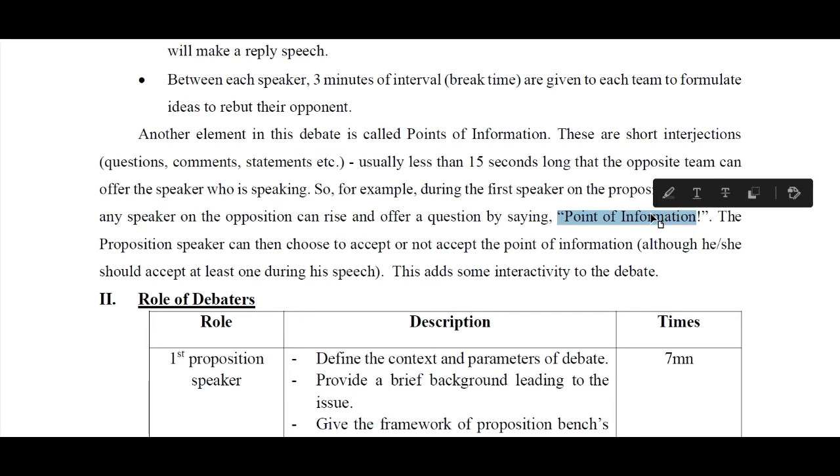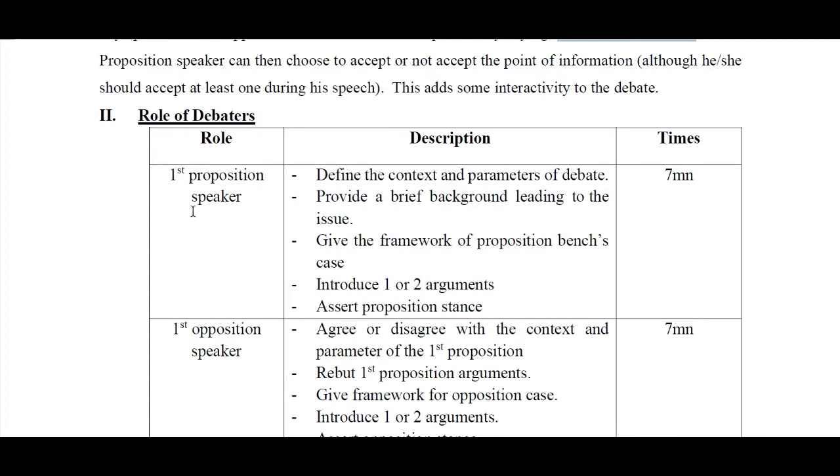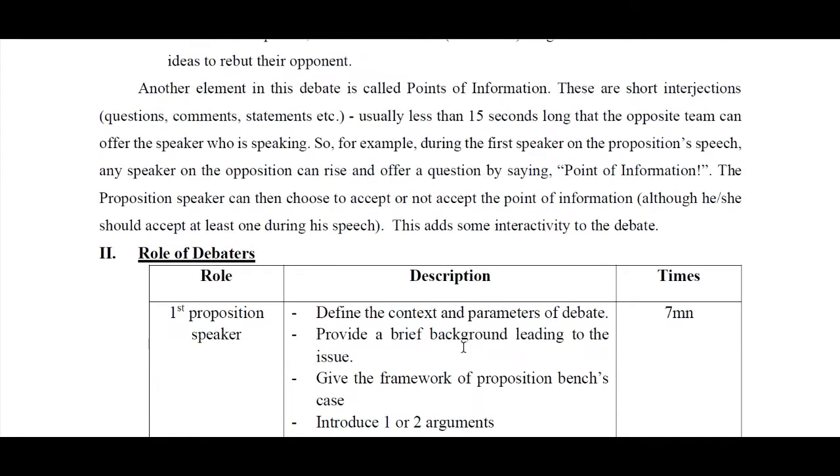So for instance, if the person speaking right now is the first speaker from the opposition side, they make their rebuttal and give their arguments, but at any point in their speech, if anyone from the proposition feels it doesn't make sense and wants to interrupt and ask a question immediately, you can do that by just shouting the words point of information.